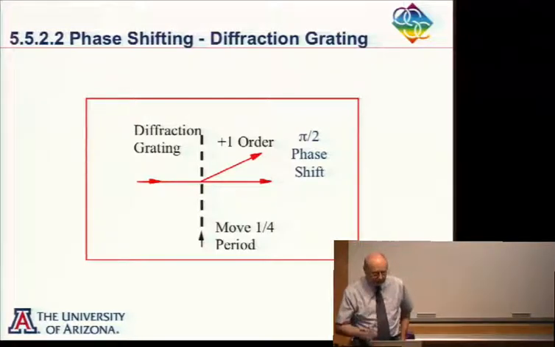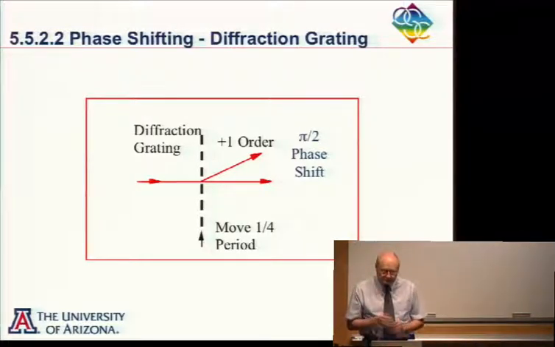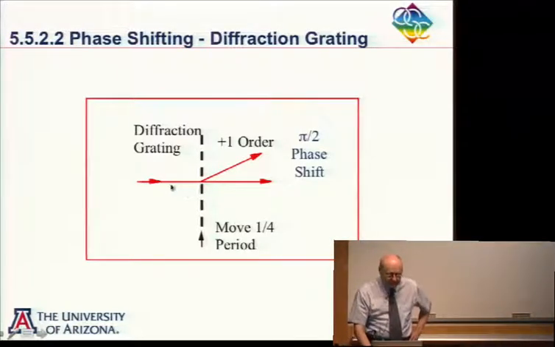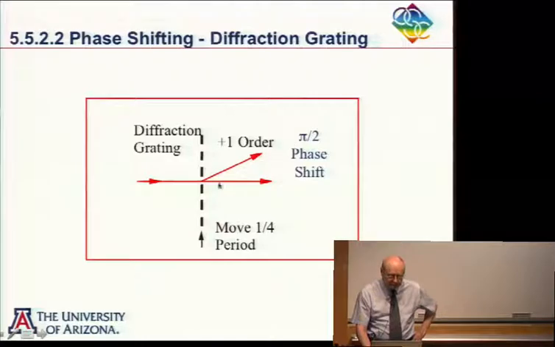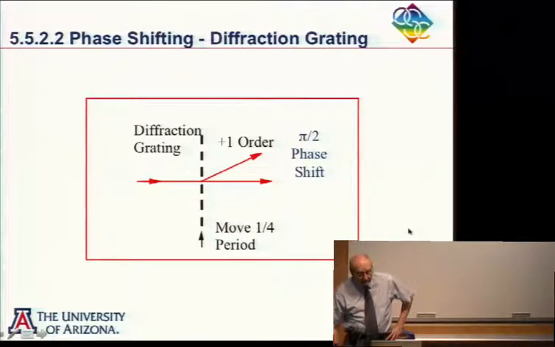And so you can think of having an interferometer where one of the beams goes through the grating, either reference or test beam. And if you just move the grating sideways, then you'll get a phase shift of the beam.